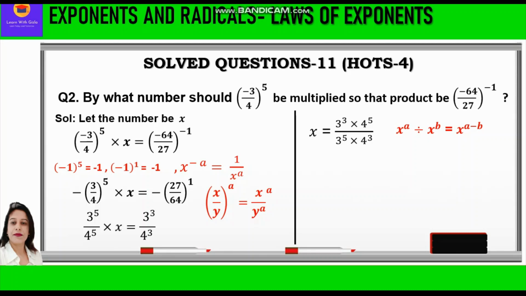So if you observe, we have 3 as a base in the numerator as well as denominator. Similarly, we have base 4 in the numerator also and in the denominator. So over here also we shall apply this law of quotient of powers and subtract the powers. So we shall write x is equal to 3 raised to power 3 minus 5 into 4 raised to power 5 minus 3, which is equal to x is equal to 3 raised to power minus 2 into 4 square.